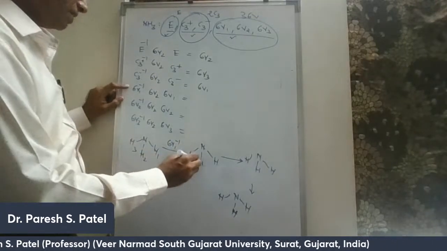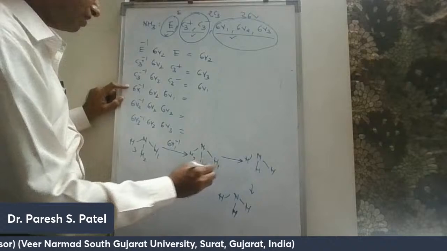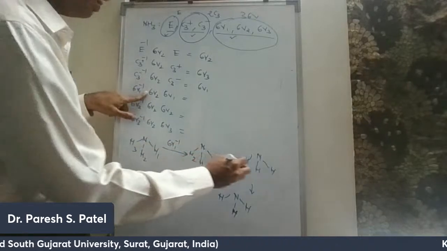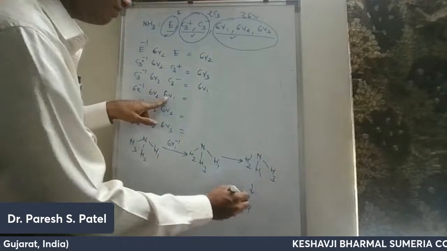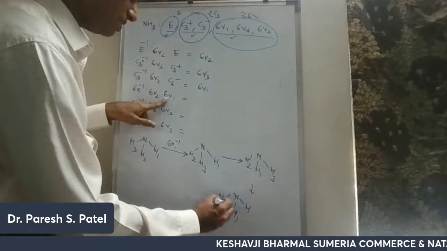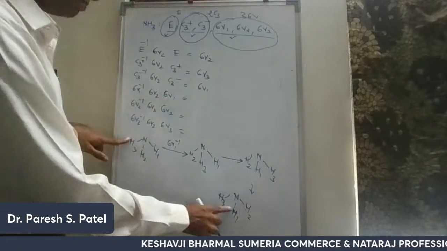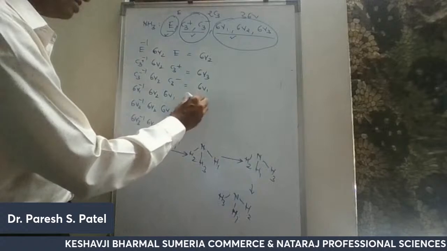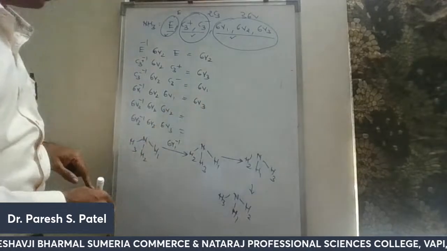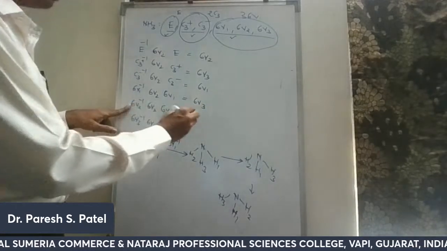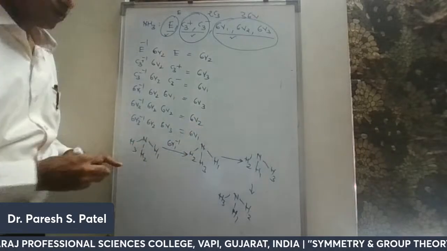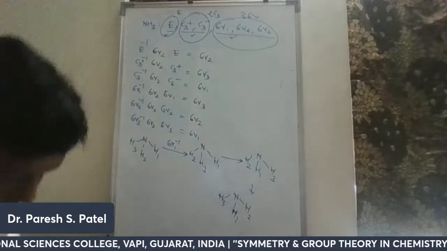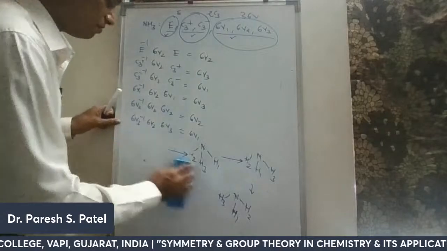Sigma V1 inverse means 2 and 3 interchange, 1 remains as it is. Sigma V2 means 2 as it is, 1 and 3 interchange. Again sigma V1, 1 remains as it is, 3 and 2 interchange. So compare this and this. This is nothing but the sigma V3. Sigma V2 is sigma V2. And over here, this is sigma V1. So overall, this is nothing but the sigma V1, sigma V2, and sigma V3.